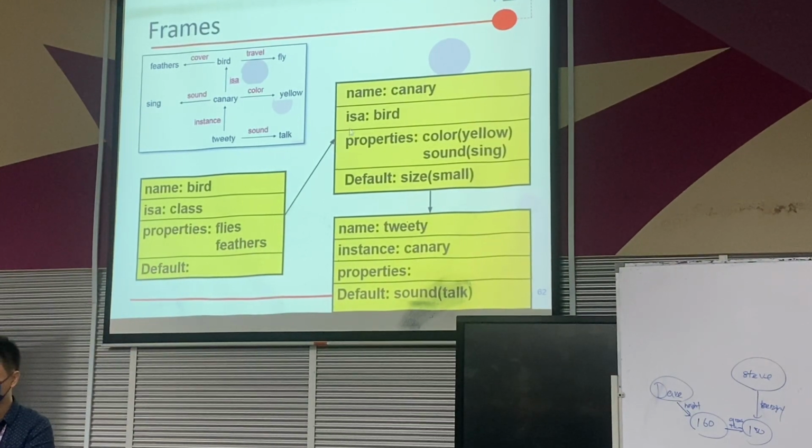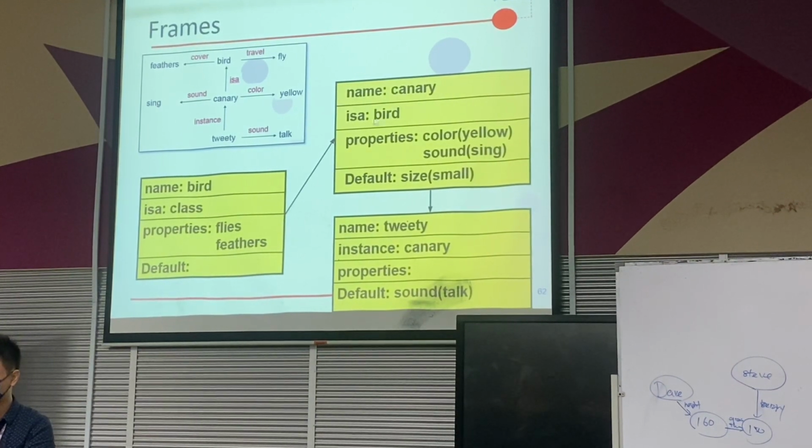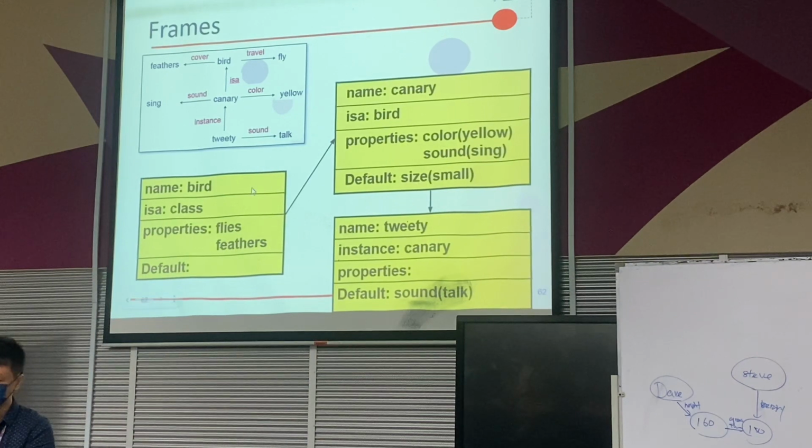You point here to show that there is a relationship between the bird and canary. What is canary? It's a subclass of bird. What are the properties of canary? Yellow and sound. And then the last one, you have Tweety. Tweety is an example of the canary. What is the property? Can talk. So this is how we transform the semantic network to the frame, but not often.